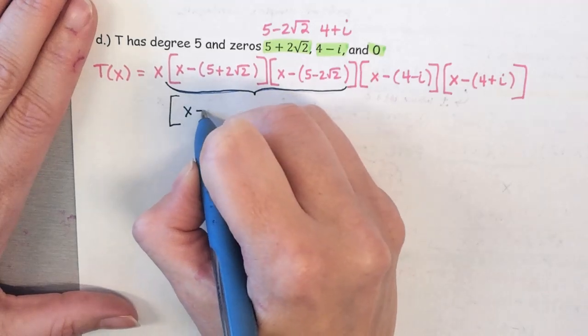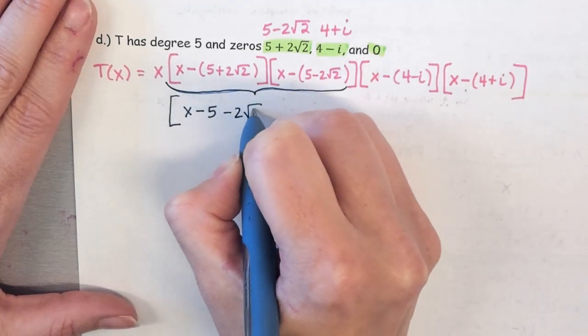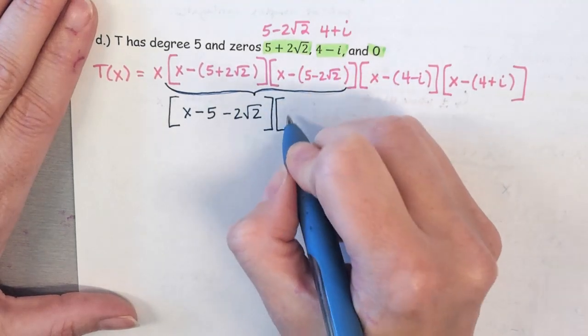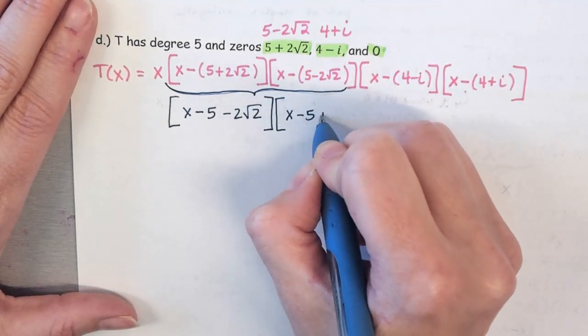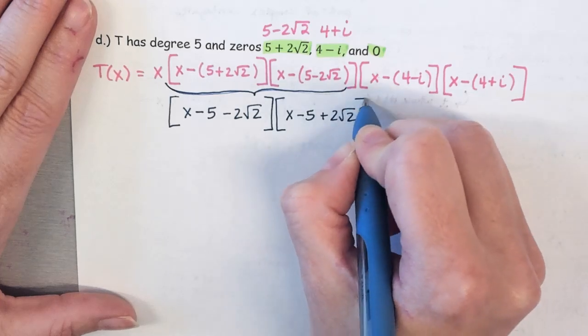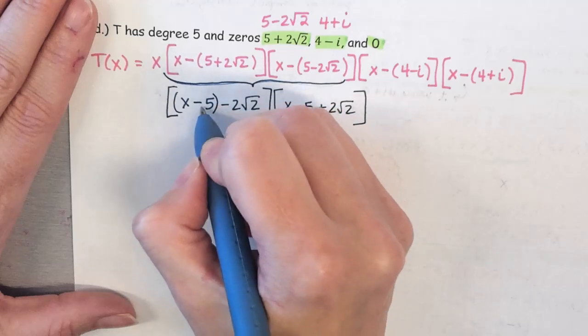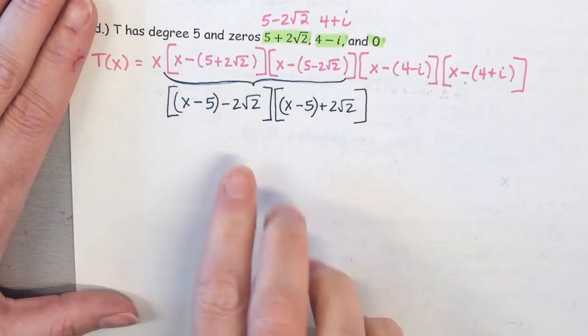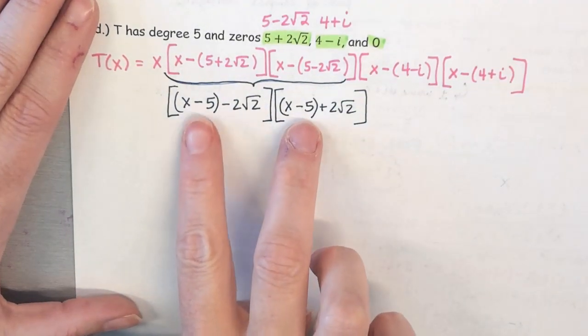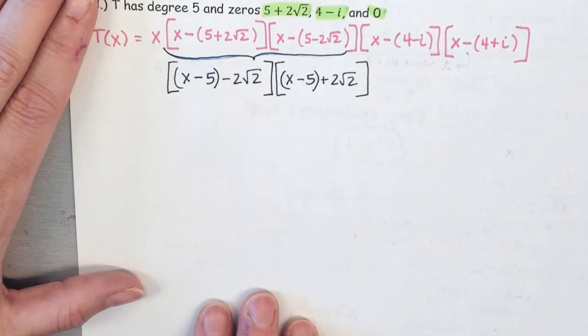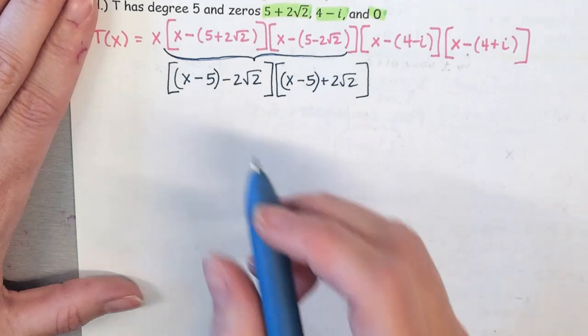So we have x minus 5 minus 2 root 2. And we have x minus 5 plus 2 root 2. Now, again, make sure that when you're regrouping, every single time we've done this, these have been the exact same. So that pattern is going to continue.